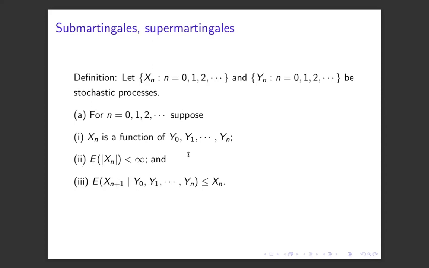The expectation exists, which means the expectation of mod xn is finite. And here the defining property is that the conditional expectation of xn plus 1 given y0, y1 up to yn is less than or equal to xn.